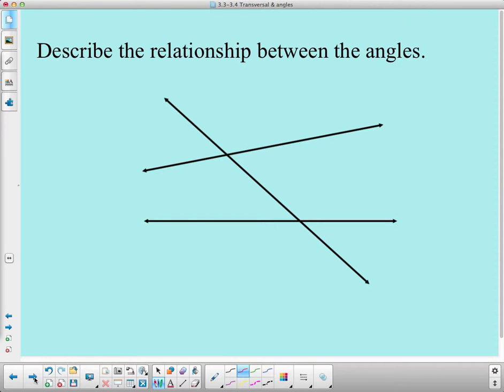We'll put CA if it's corresponding angles, alternate interior angles, alternate exterior angles, or same side interior angles. And I'm going to put numbers up here. Here's angle 1, here's angle 2. You figure out which pair they are, or if I've tricked you, put none.